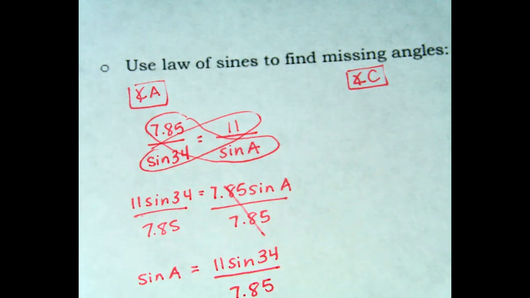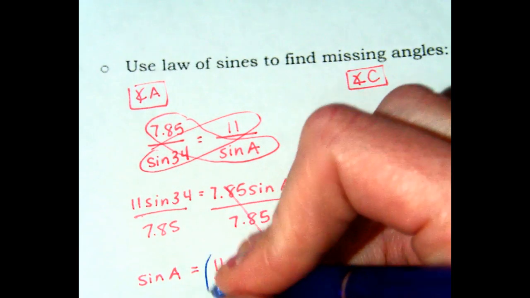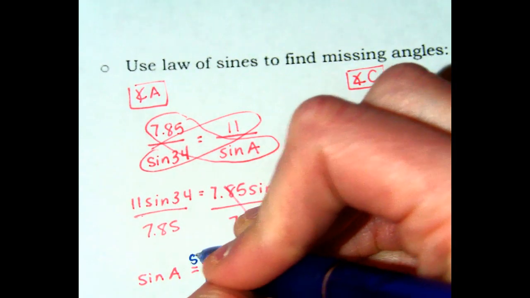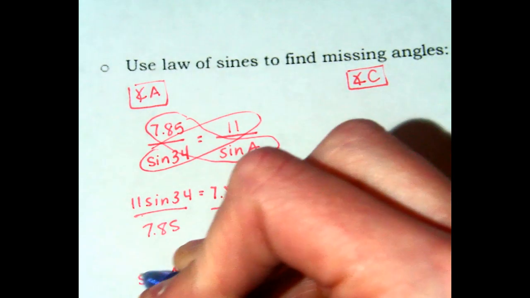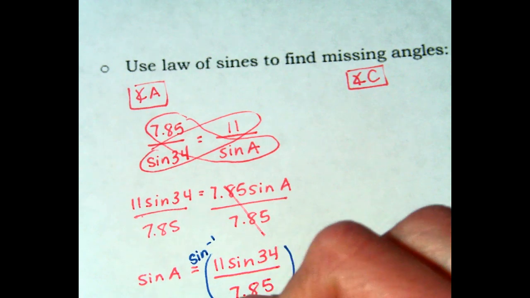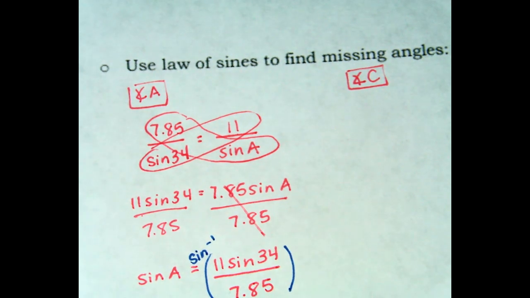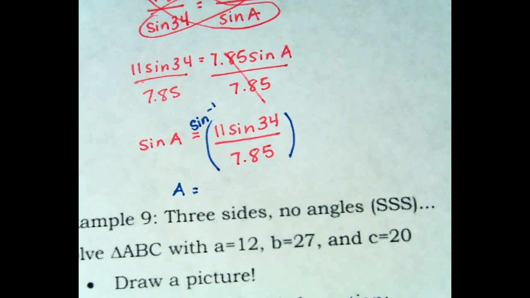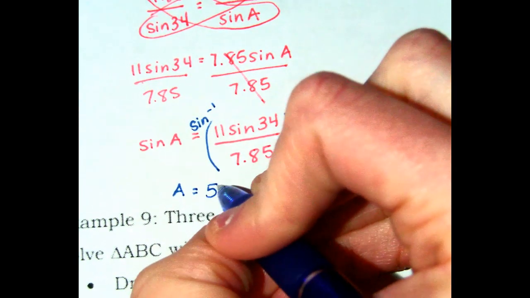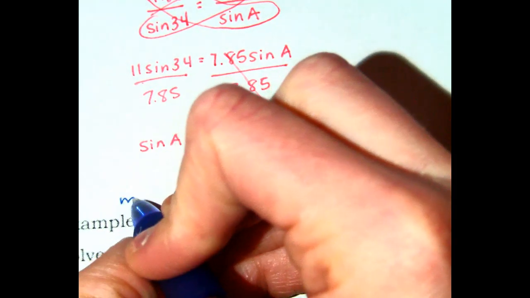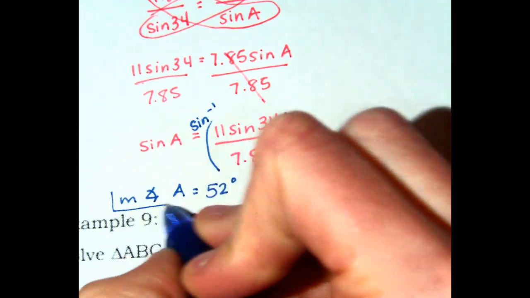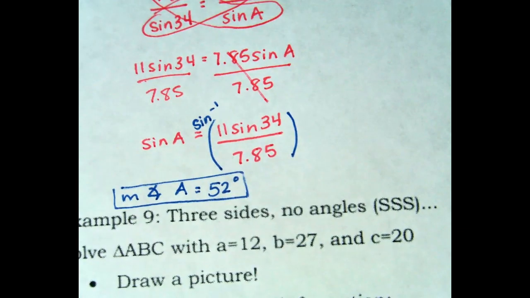What do you do now? Inverse sine. Sine inverse. So A equals 52. And remember I said round those to the nearest degree. So that's good. 52.